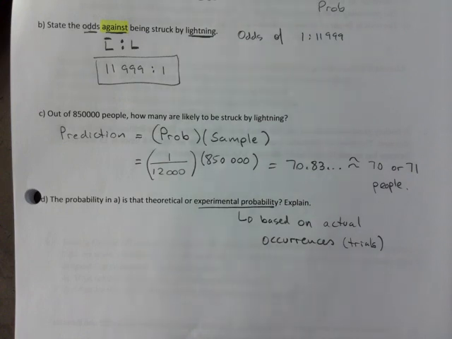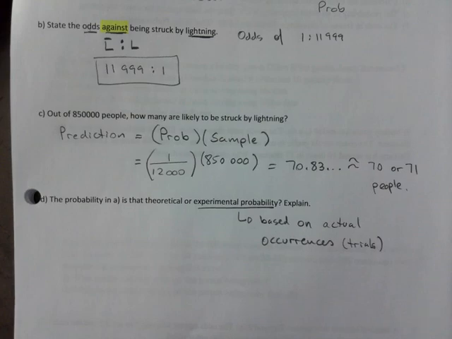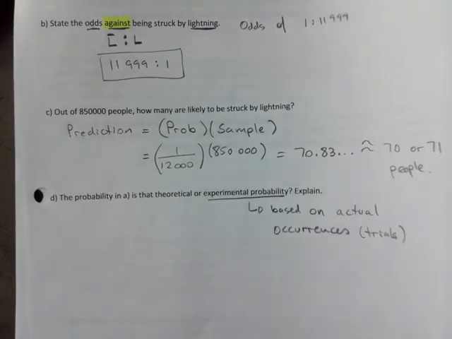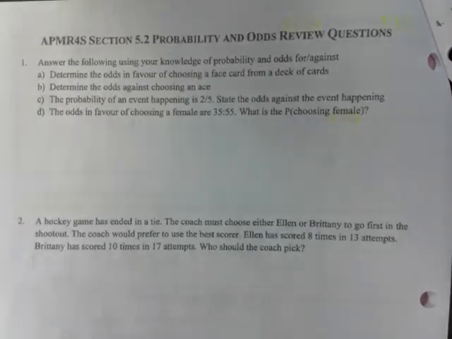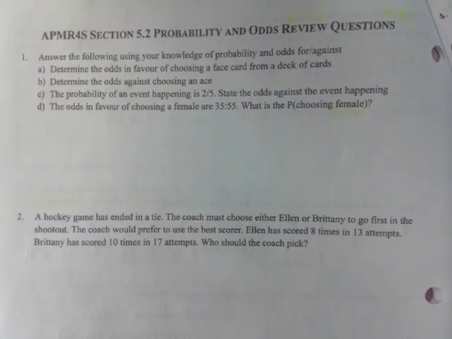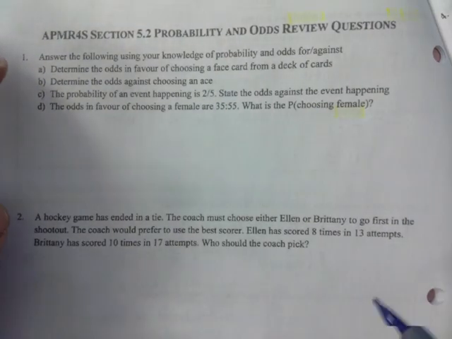Let's go to page 9. I'm going to mix it up. Odds, probability, odds, probability. So we're not going to do the whole thing, but I will ask you to try question 1.